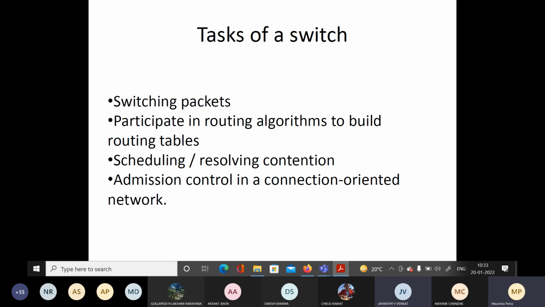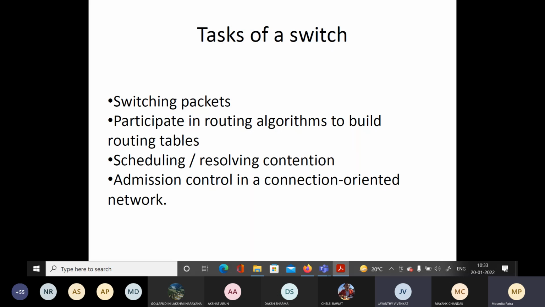Let me go to the tasks of a switch. So what is the task of a switch? Of course, switching packets. All right, so how does it switch the packets? It switches the packets after getting all the information from the routing tables. The switch also participates in routing algorithms to basically build the routing tables.